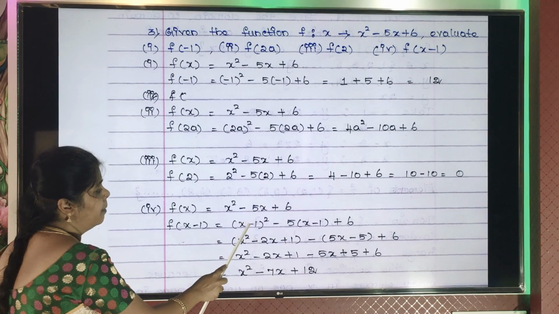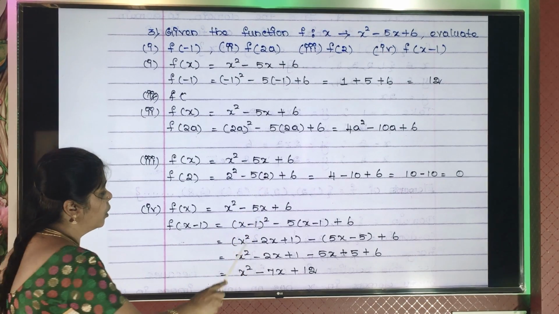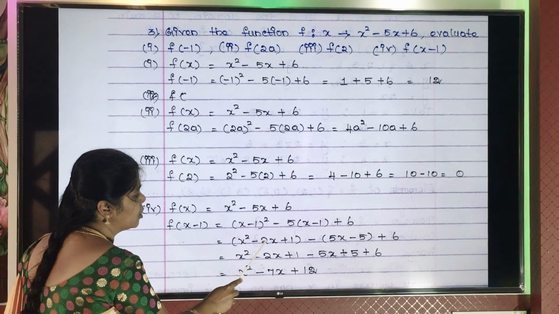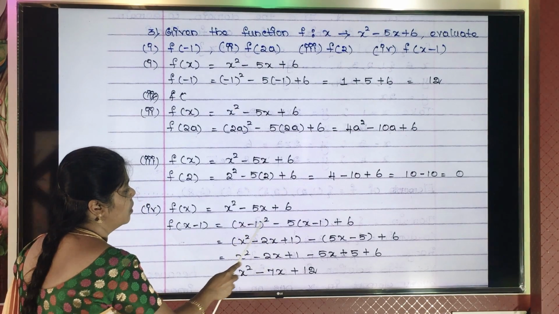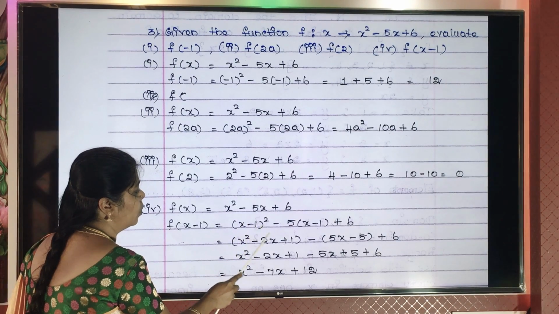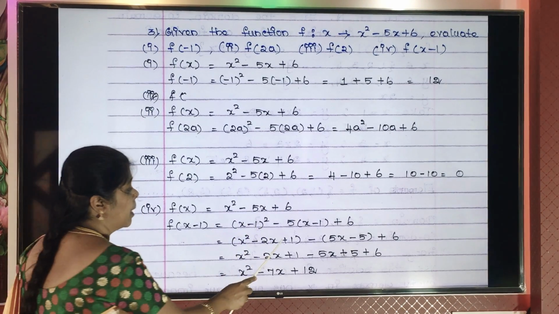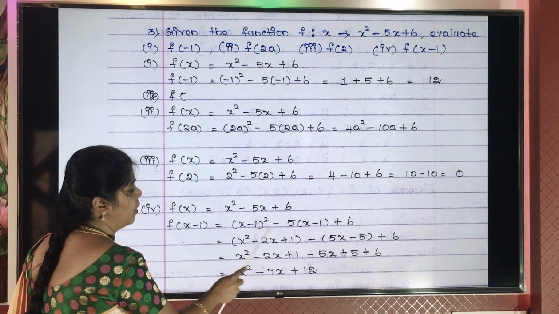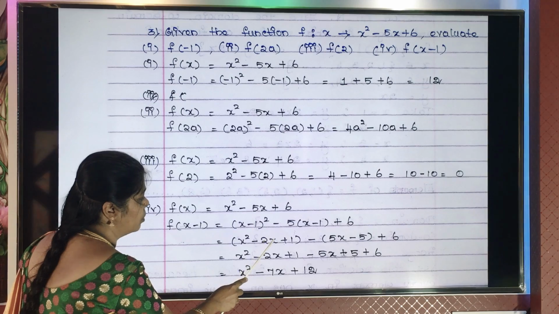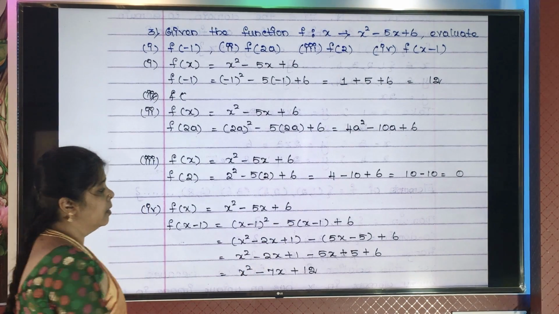What you will get? a square minus 2ab plus b square. So it is x square minus 2 into x into 1 gives you 2x plus b squared. 1 squared gives you 1. Am I clear? a square minus 2ab plus b squared I have done.